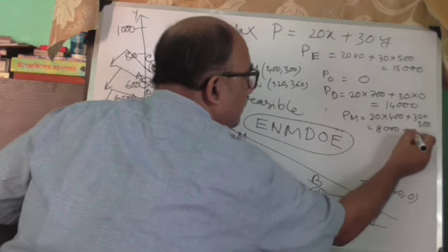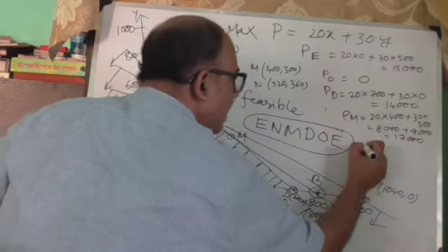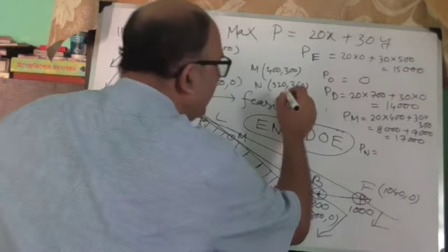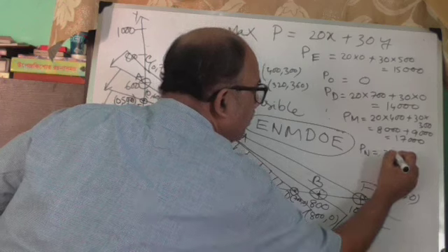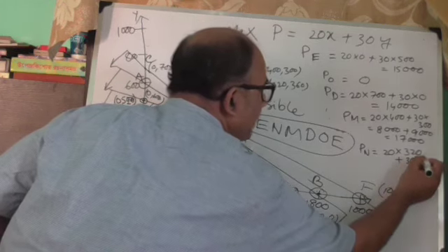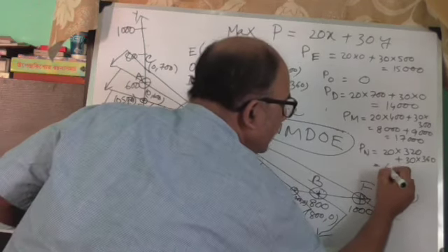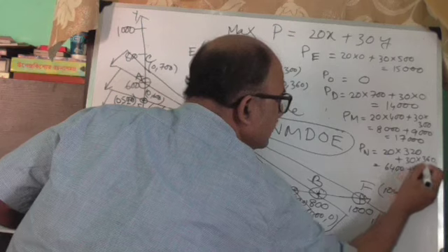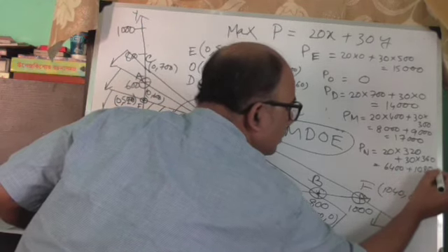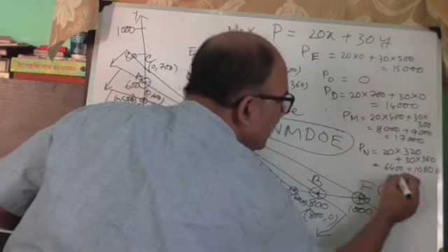which gives 8,000 plus 9,000, that is 17,000. And the profit at the point N, where N is 320 and 360, is 20 into 320 plus 30 into 360, which gives 6,400 plus 10,800. 36 into 3 is 108, so 10,800.